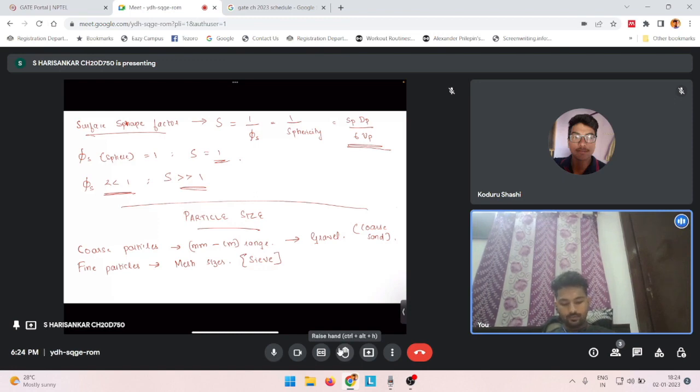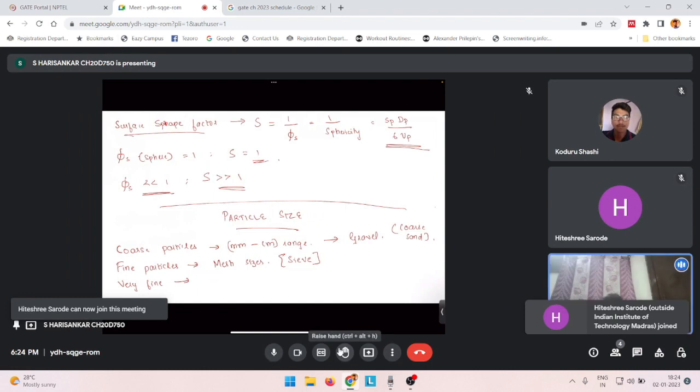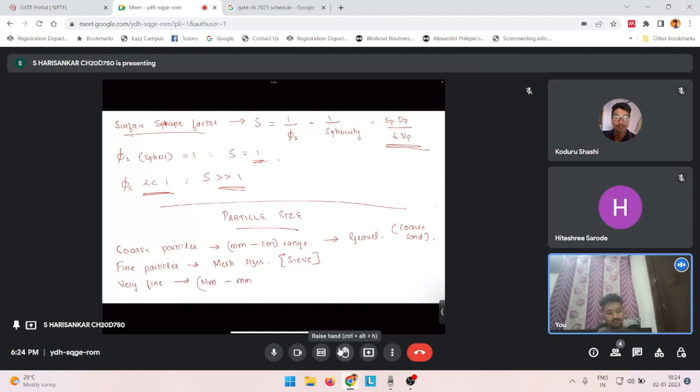And of course, we have something called very fine particles, and these will usually be in a range of, let's say, micrometers to millimeter. And then you have ultra fine particles, which will typically be in the range of 1 micrometer or lesser.